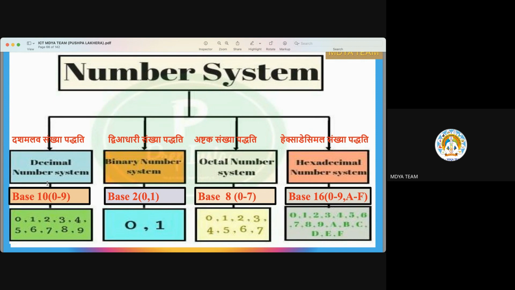We use alphabets to denote them: A, B, C, D, E, and F. A stands for 10, B for 11, C for 12, D for 13, E for 14, and F for 15. So 0 to 15, total digits are 16. So base is 16.